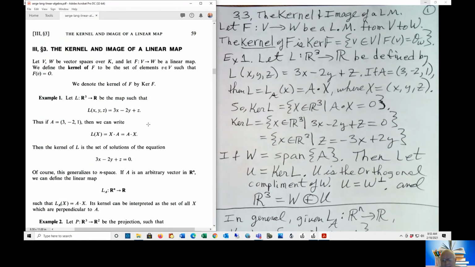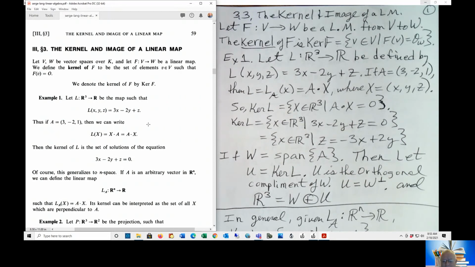So that tells me that x and y are independent and that z is dependent. And I'll say more about that in a little while. But at the moment, I want you to notice this.